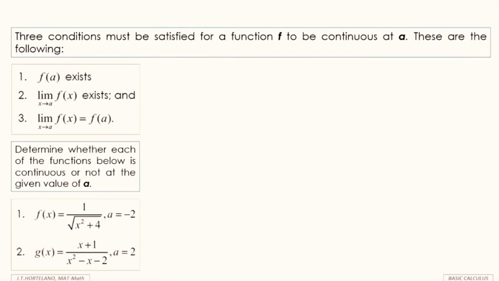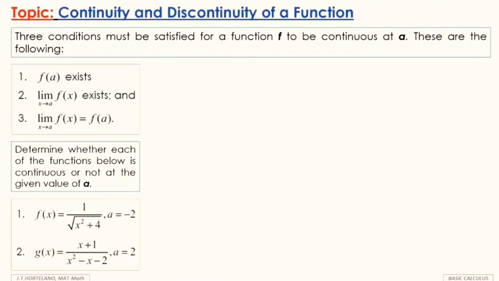So we have the first function f of x is equal to 1 over square root of x squared plus 4, where a is equal to -2. So this will be our solution for number 1.